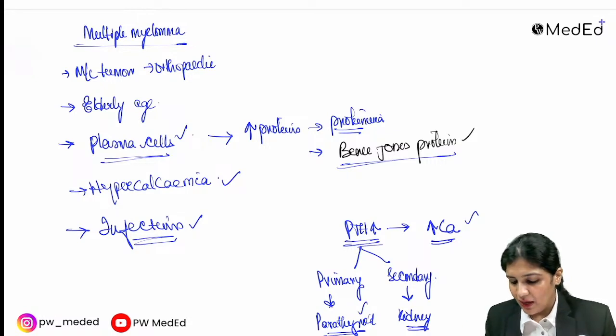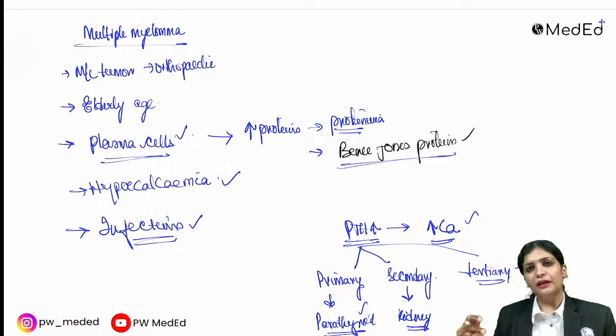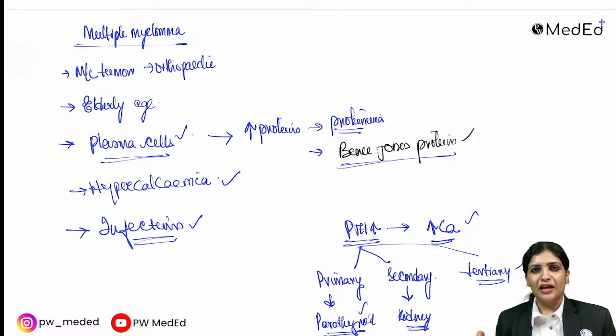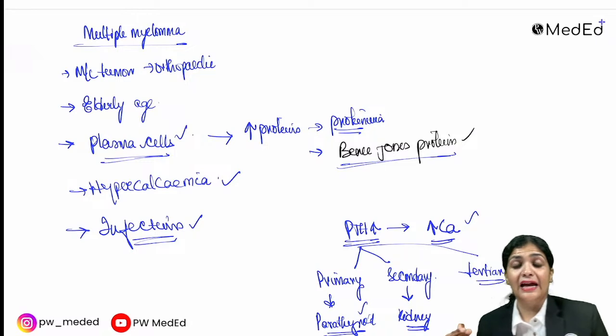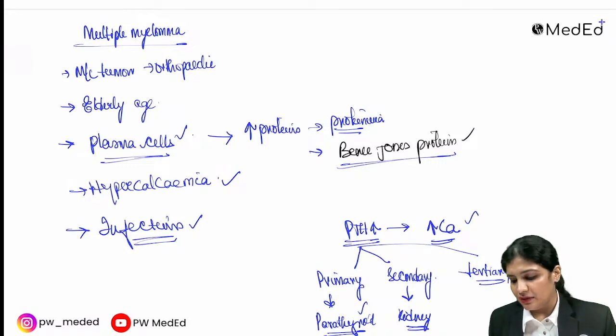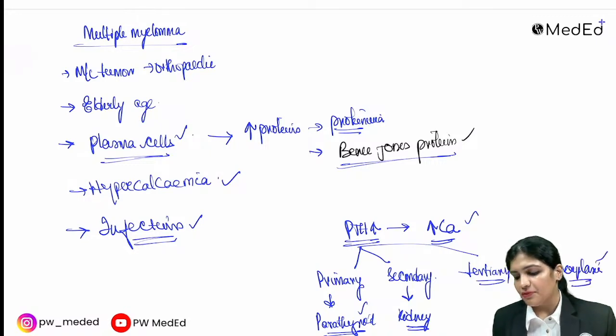the kidney failure. And one more interesting one is your tertiary, where the patient has a prolonged hyperparathyroidism, mainly because of kidney failure and end stage renal disease, where the patient might present for transplantation. Because of the prolonged condition of hyperparathyroidism, the parathyroids go into hyperplasia, and because of this they produce parathormone.